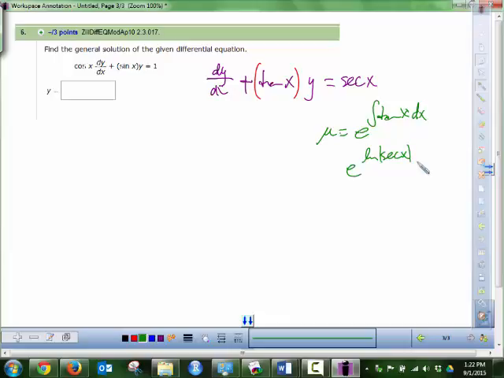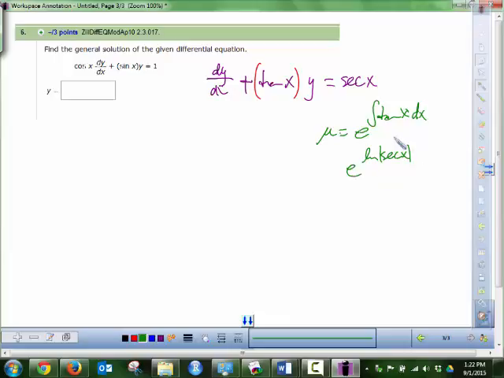Let's see. Okay. If you have a table of integrals, that might be handy to have. Or if you kept the tangent as sine over cosine and did a U substitution, then it'll work out the same way. But it's better if you don't have this memorized. It's better to just have it on a sheet of paper that you can look up.